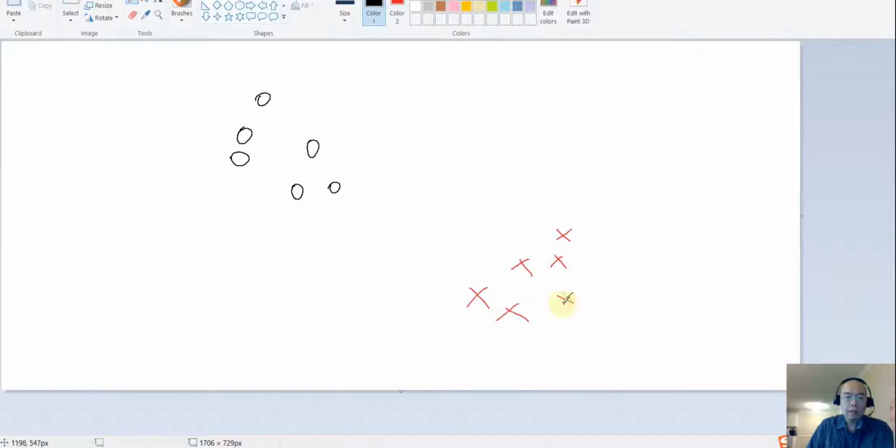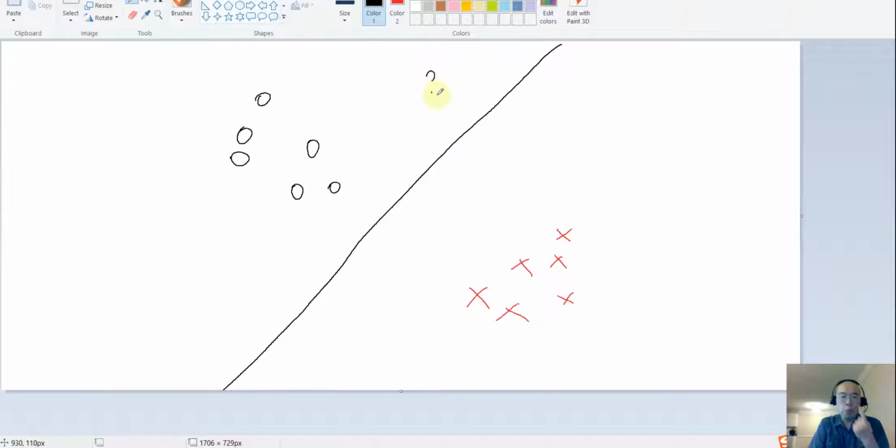If we do one nearest neighbor, the decision boundary should be somewhere like this. If we have a question mark here, the nearest neighbor is likely this black sample, so this question mark will be classified as black. So one nearest neighbor works well so far.